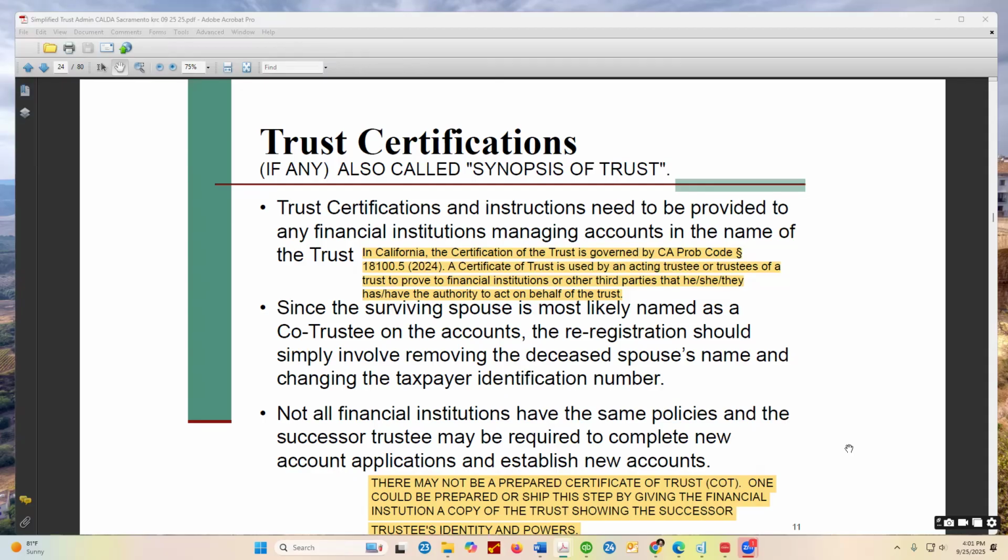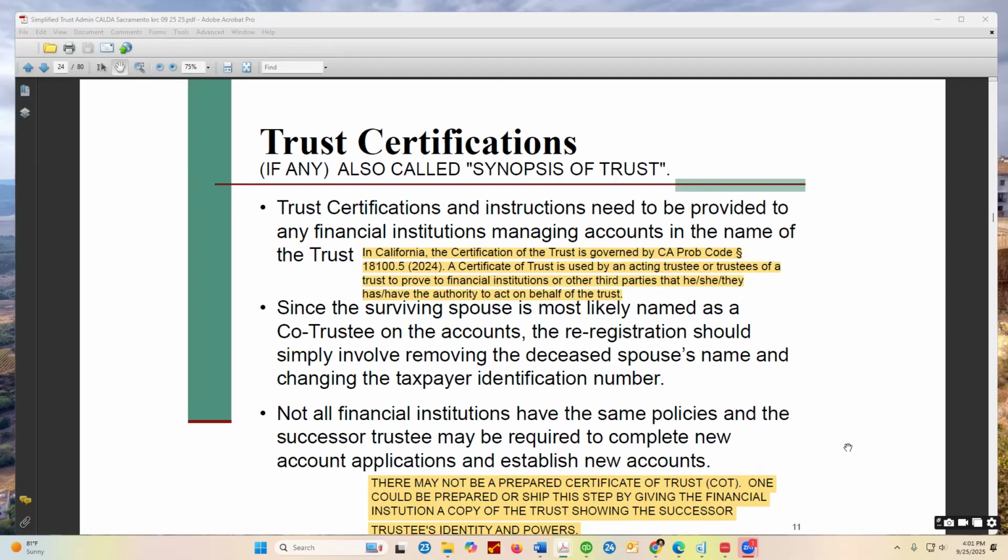So you might have to file a certificate of trust with a bank or sometimes with the public county recorder. And I don't have a problem giving a banker the entire trust rather than just a summary of it. But a lot of people are really concerned about that.